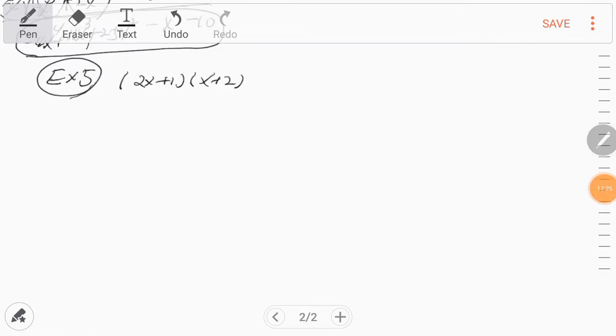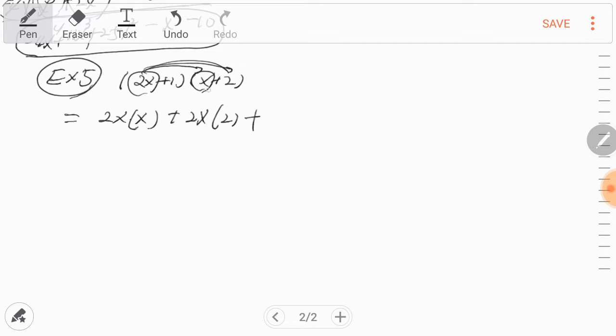Okay, let's multiply these two. Multiply each term by 2x. So 2x times x is 2x squared, right? Plus 2x times 2, plus, now multiply this x and 2 by 1.